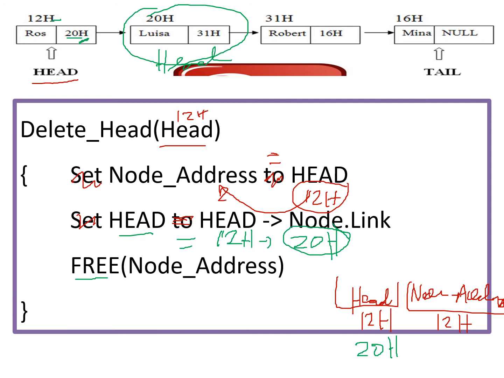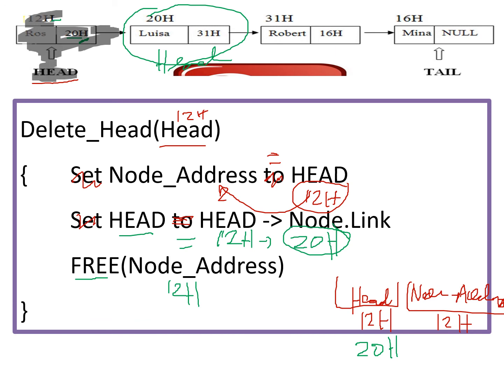And then, we go straight to physical deletion. Free node address. So, node address is 12H. So, 12H, this is our 12H. That will be freed. That means that will be deleted from our list.